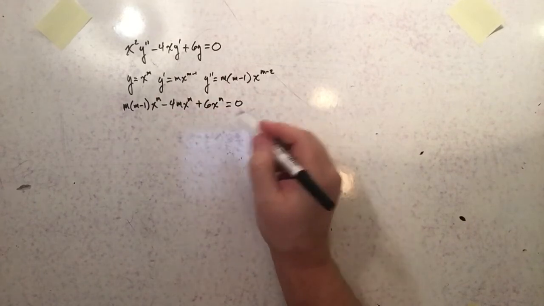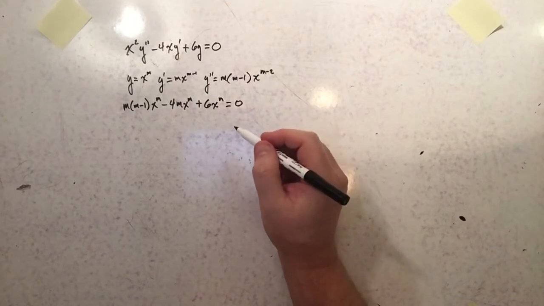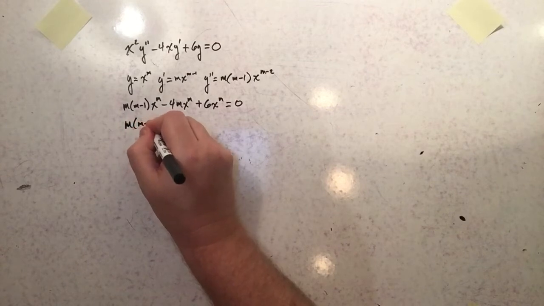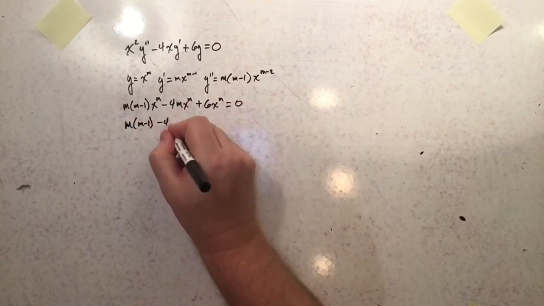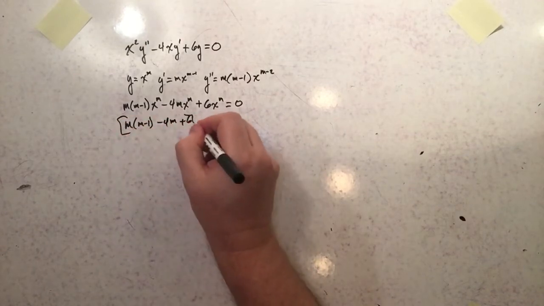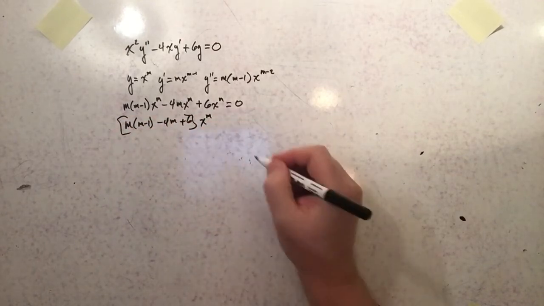And then I'm going to do something here that we didn't really do a lot of before, but let's factor this out and look at it as m times m minus 1 minus 4m plus 6, and then it's that whole quantity times x to the m.